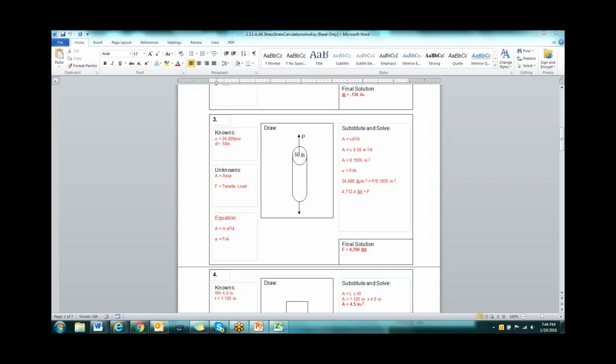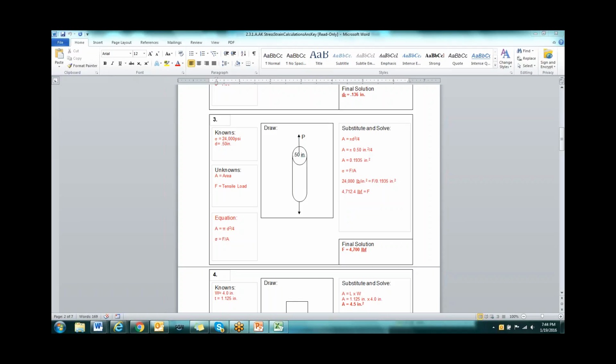So this example number 3, the question at hand on this one asks to determine the maximum load a 1/2-inch diameter steel rod can support if the normal stress of the rod must not exceed 24,000 psi. So super nice. There's not a lot of stuff that they've given us, but it's easy to find out.